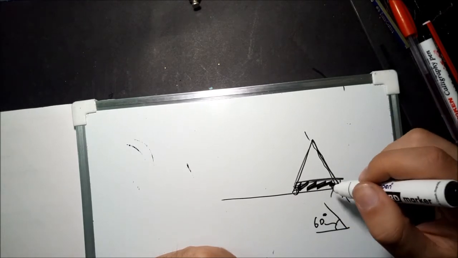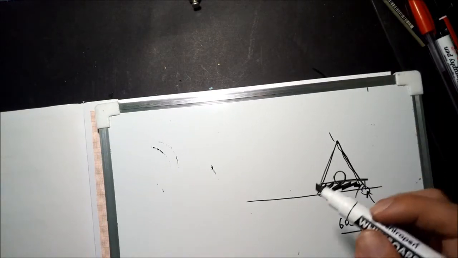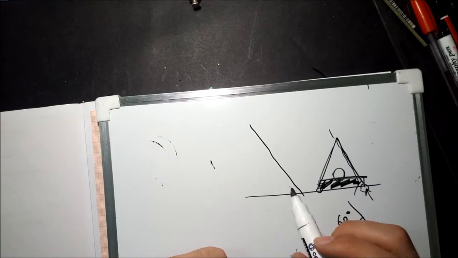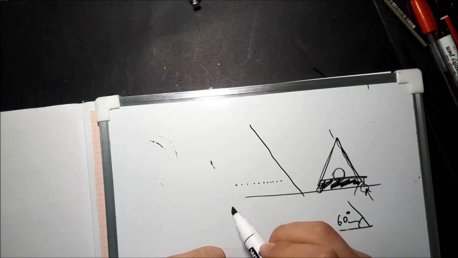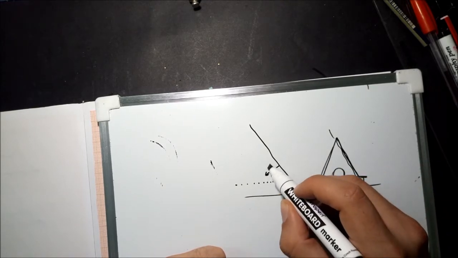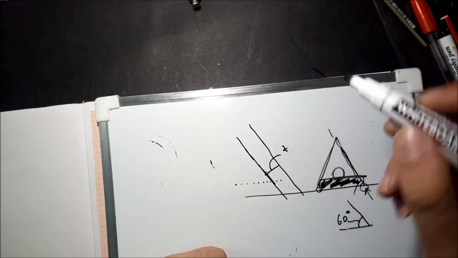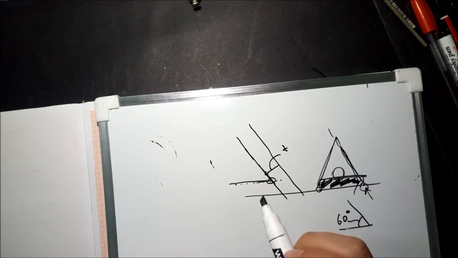These two lines we are going to determine depending on a gap in the middle. So we've got our first line, this one, and we've got our thickness right over here. Now from this line we are going to take the full thickness T and draw another line. This line will intersect with the baseline in this point.